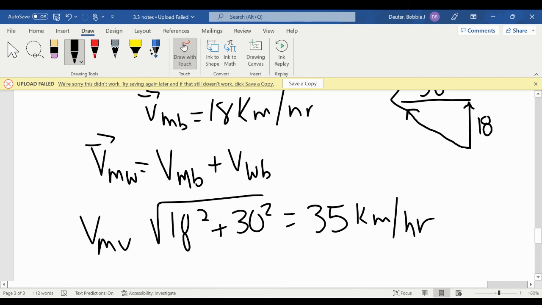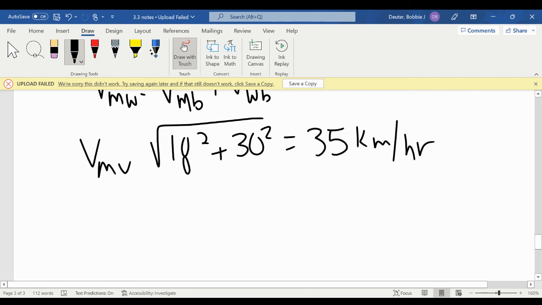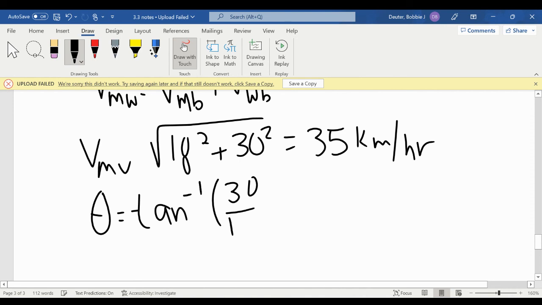So we have one more that we have to find because we only have a magnitude now. We need a direction. So we know that our inverse tangent, because we don't have our tangent, is going to be our 30 divided by our 18.